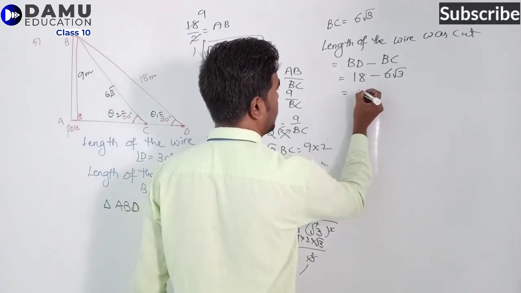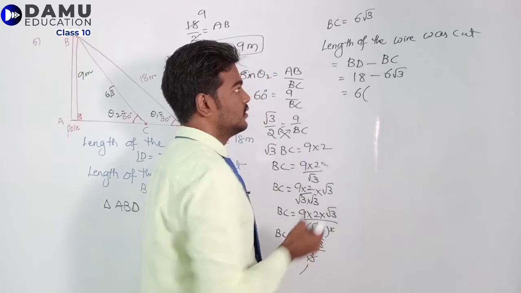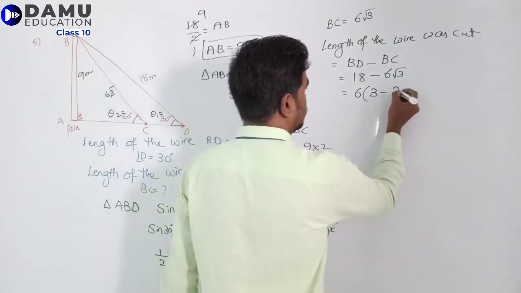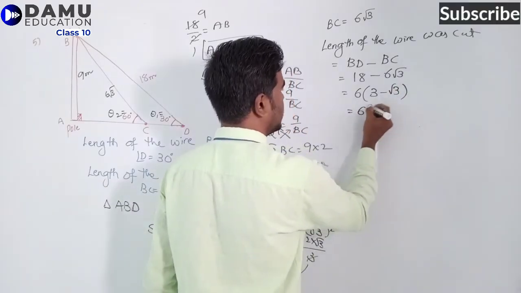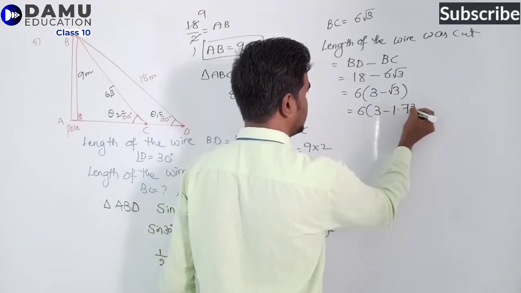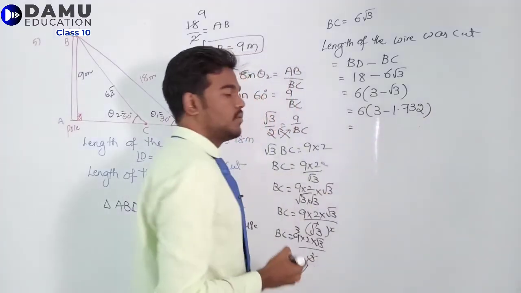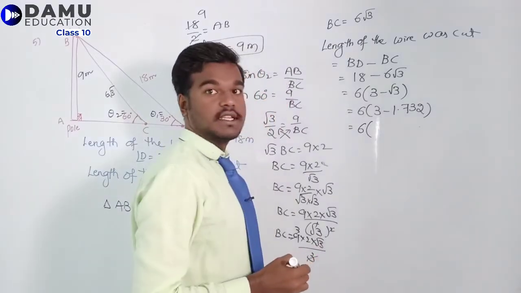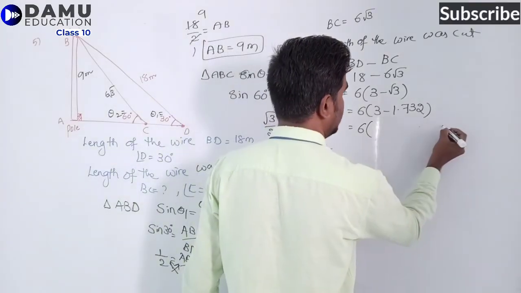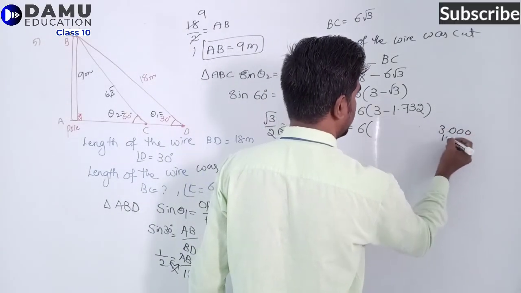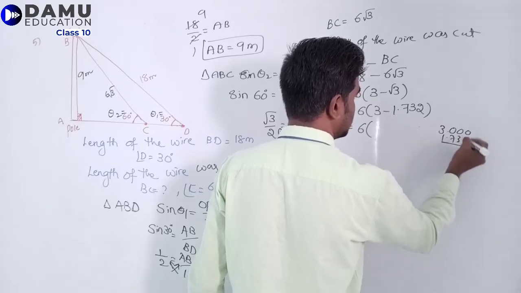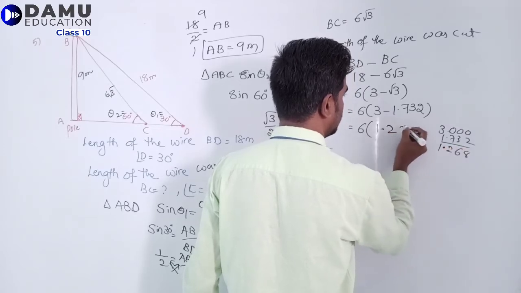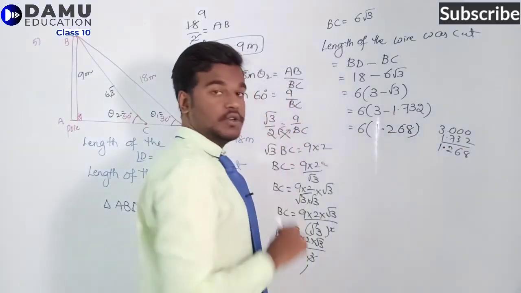Let's take 6 common outside. So 6 into 3 minus 1.732. 3.000 minus 1.732 gives 1.268.